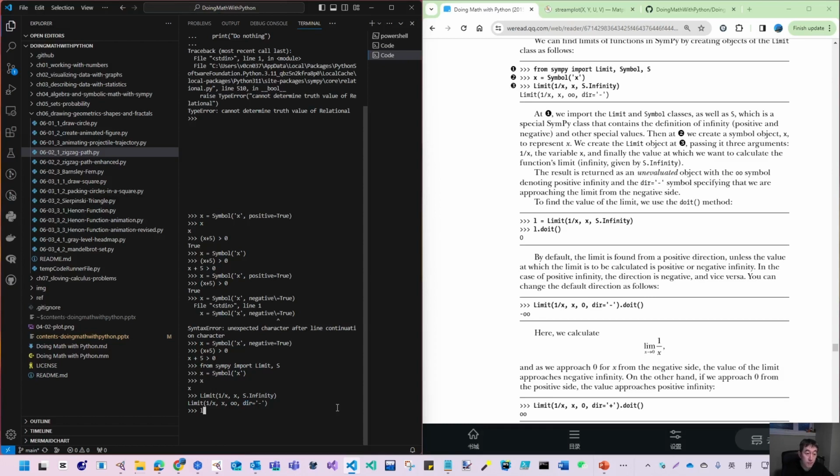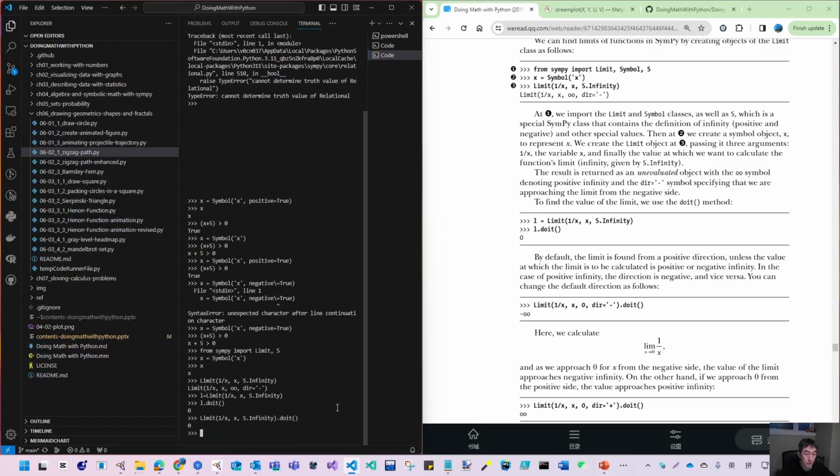So if we put this into our L, then we can just use this method, dot, then we got 0. You can also directly use this and dot, you will also get 0. So that means when it's approaching infinity, you get 0.